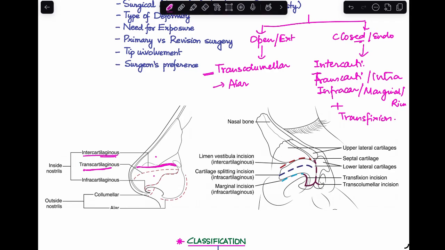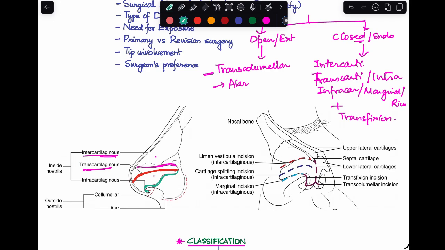As the name suggests, it goes through the cartilage, so this is also known as the intracartilaginous incision, and we are giving it through the lower lateral cartilage. Then third, we have the infracartilaginous or the marginal incision, and this is the one that we give along the margin of the lower lateral cartilage or the alar cartilage. Since we are giving it below the cartilage, this is also known as the infracartilaginous incision.